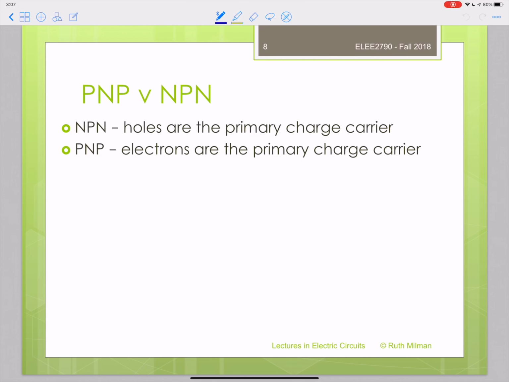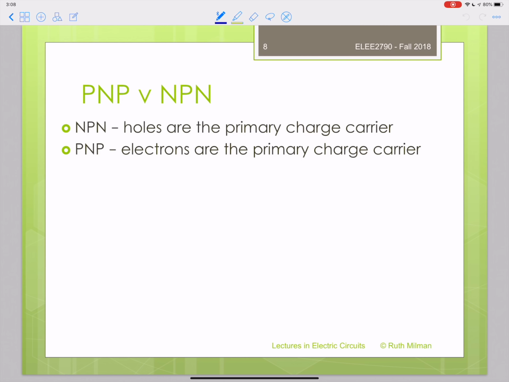Now, transistors are made on an IC substrate or an integrated circuit substrate through a process of doping. And there are basically two types of processes or two types of setups that are used for the configuration. One of them is called PNP and the other is called NPN.